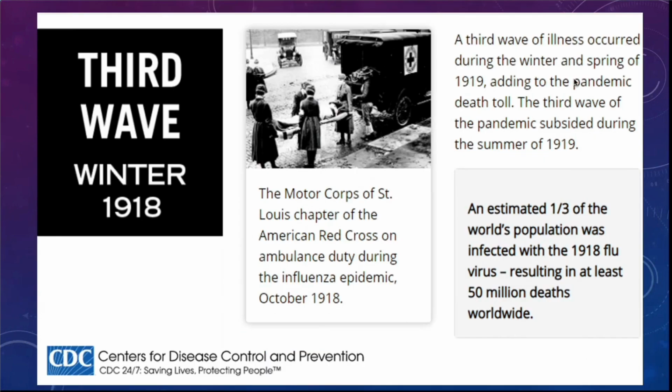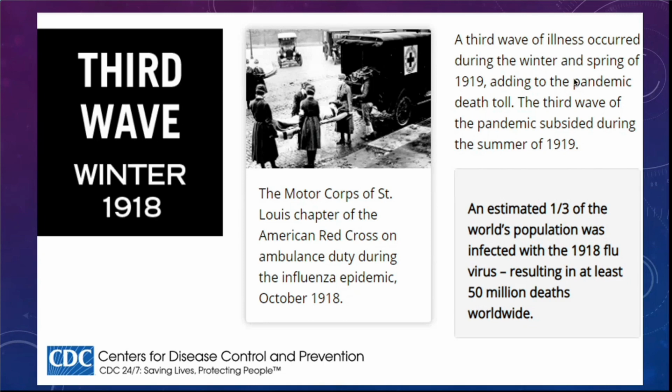The third wave started in the winter of 1918 and went all the way to spring of 1919, and this added to the pandemic death toll. The third wave subsided during the summer of 1919.